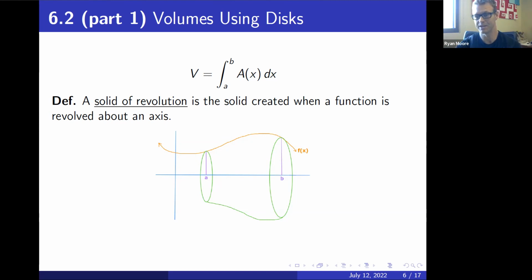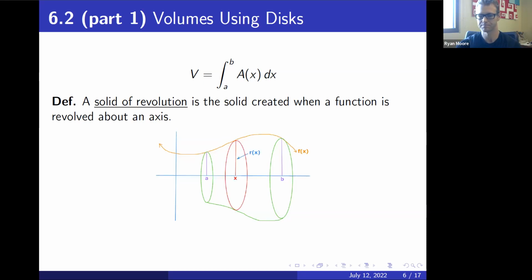Well, the key, from our formula up above, is to find the cross-sectional area for a solid of revolution. So let me draw a cross-section somewhere in the middle. It's coming out in front and then tucking back behind and all the way around. We'll do it at any old place between a and b. We'll just call it x.